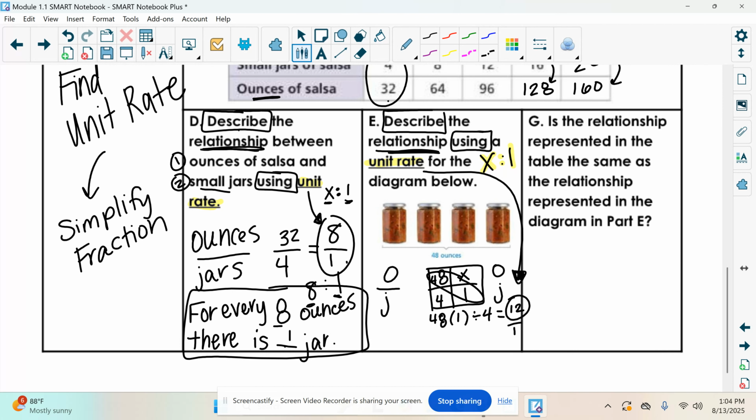So how can I put this into a sentence to describe the relationship? Use this as a tool, as a template. For every blank blank, there are blank blank. Who wants to attempt it? All right, KK. You got it.